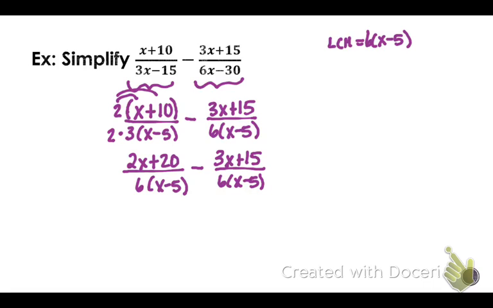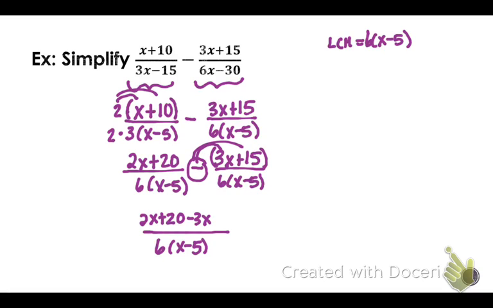Now I'm subtracting fractions. Since they have the same denominator, I keep the denominator and I subtract the tops. 2x plus 20, now be really careful here, this minus has to distribute to everything behind it. So I'm subtracting this entire binomial. So I'm subtracting 3x and I'm subtracting 15.